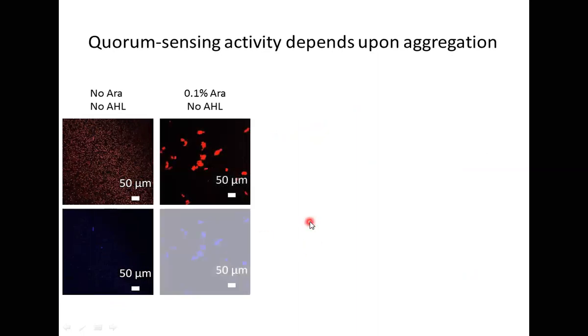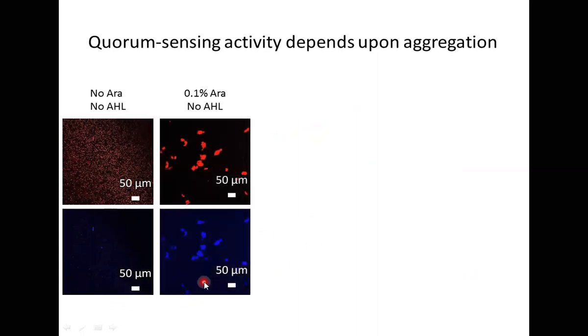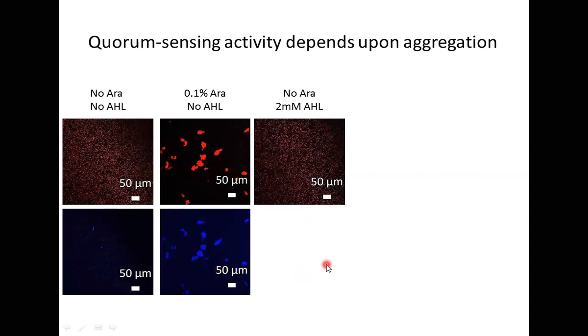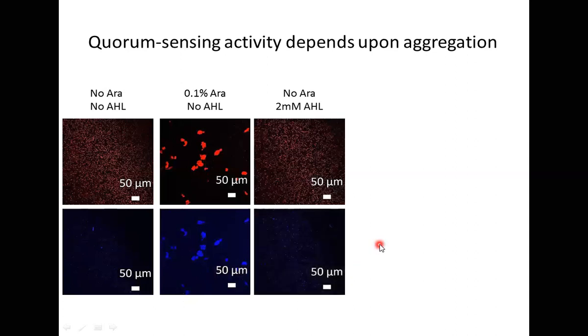But if you aggregate, that's more like it. You wind up with almost everything that's red also being green. And finally, if you add the arabinose externally, you see a larger number of cells that are both green and red, as opposed to this example where you see a lot of cells that are red but not green.